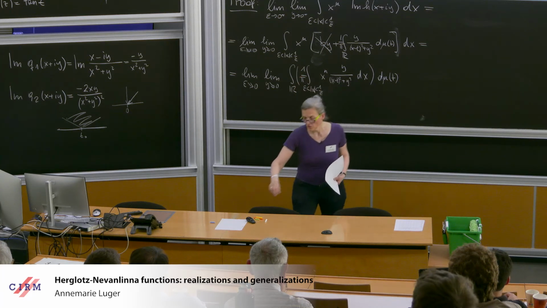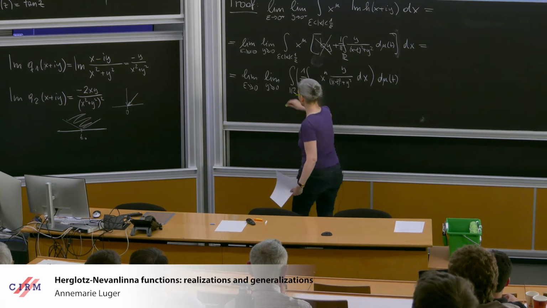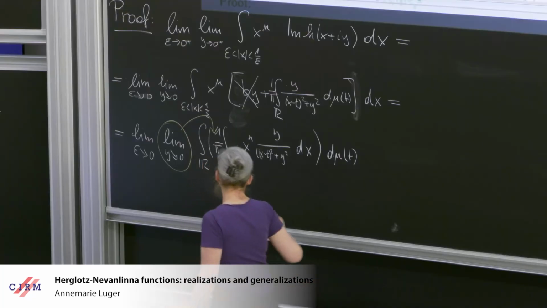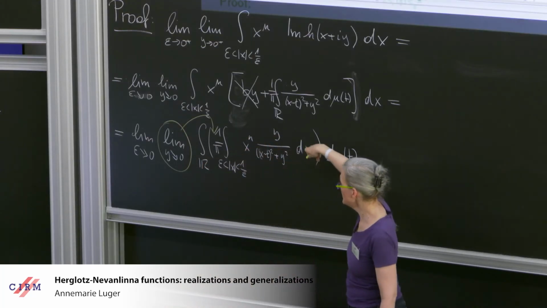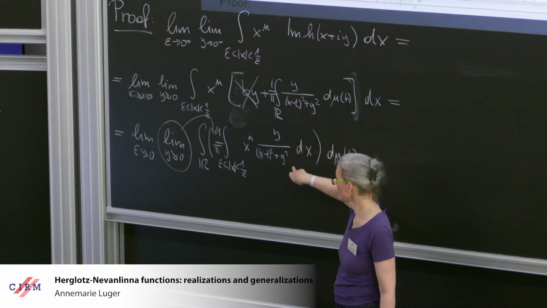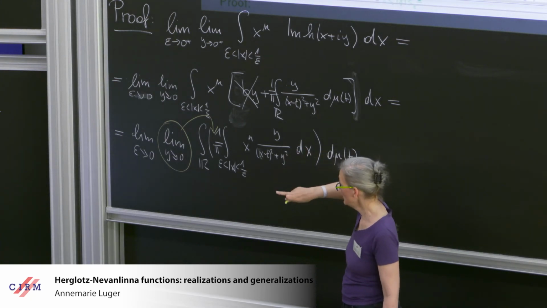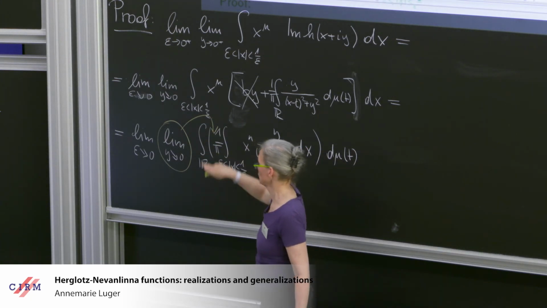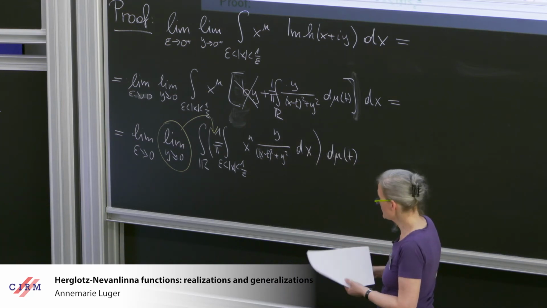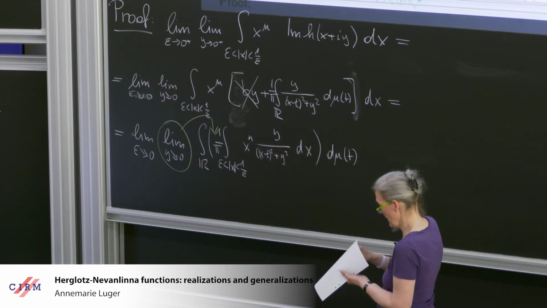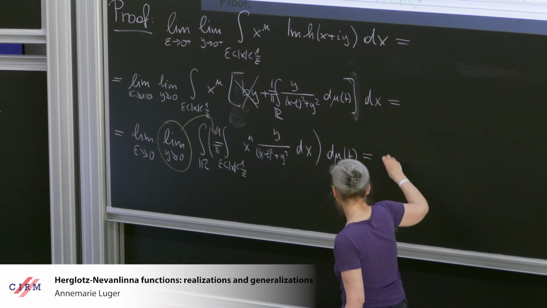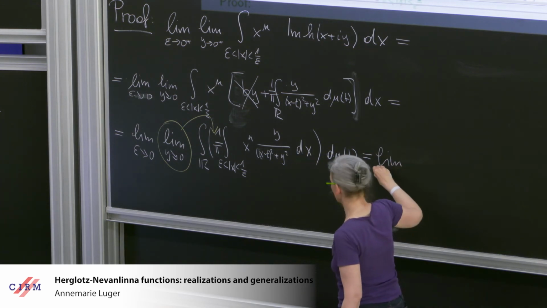And this is okay by dominated convergence. So here one has to work a little bit to put this into here so that we can estimate this integrand here with something that is integrable independently of y. And then we can move this inside by dominated convergence. And then this can just be calculated, so there is not so much magic in this. So that's why I don't do the details here.